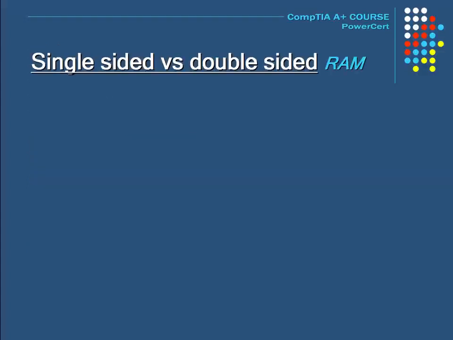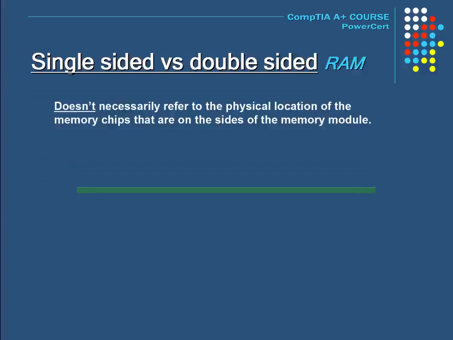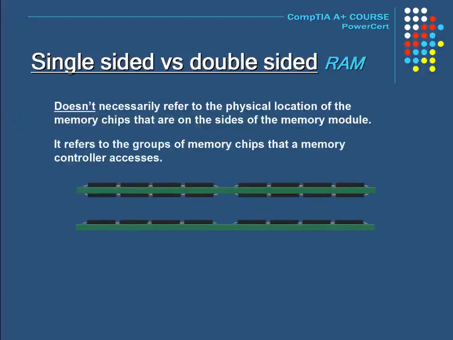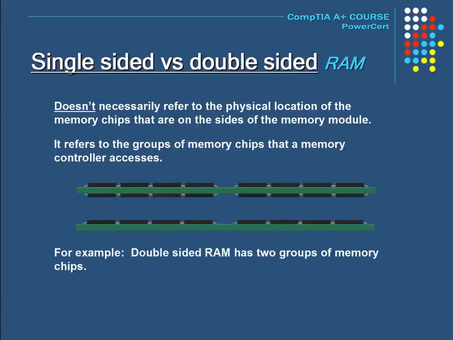Now the term single-sided or double-sided RAM doesn't necessarily refer to the physical location of the memory chips that are on the sides of the memory module, but it refers to the groups of memory chips that a memory controller accesses. So for example, double-sided RAM has 2 groups of memory chips.